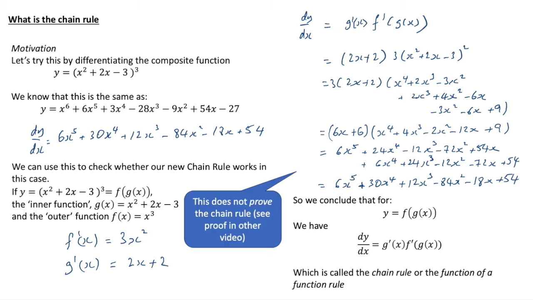We must bear in mind, however, that these demonstrations of functions that do work don't constitute a mathematical proof, so we haven't proven the chain rule, and we do have a proof of that in another video, but it is true. I'm telling you it's true, and you can now use it for relevant examples.